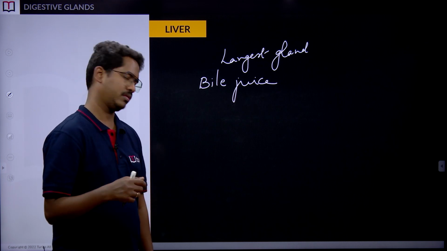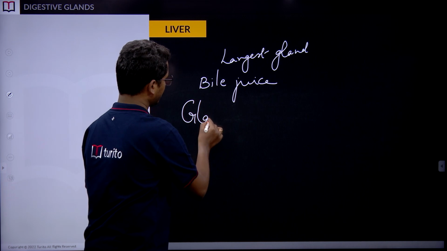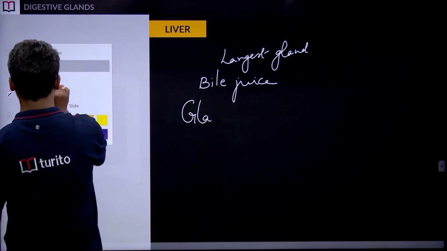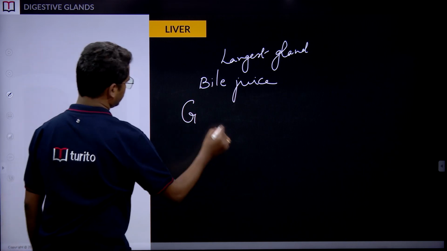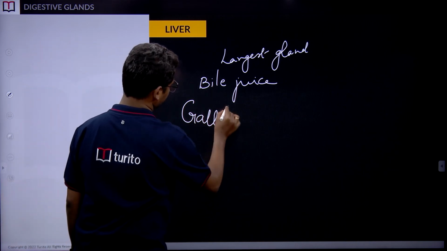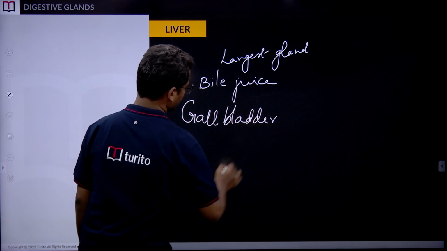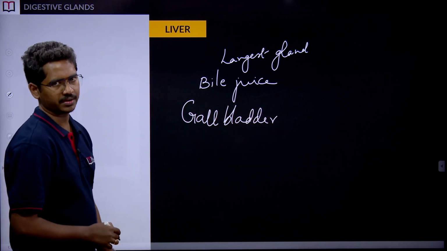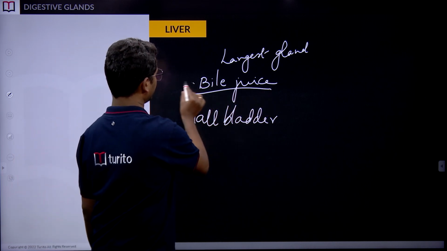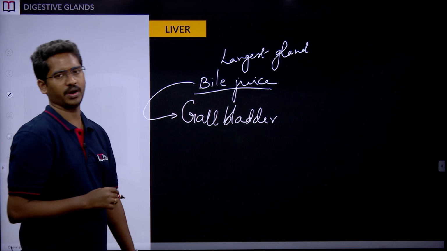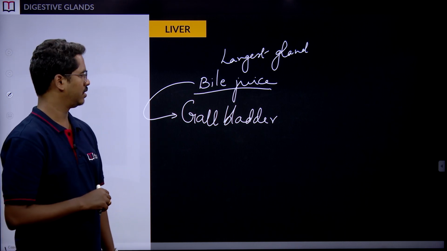Okay, I see you are saying that it is having a link with gallbladder, correct. So, bile juice, which is made by this liver, is stored in the gallbladder, that is why it is having a connection there.